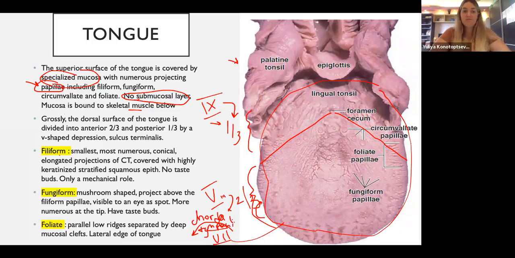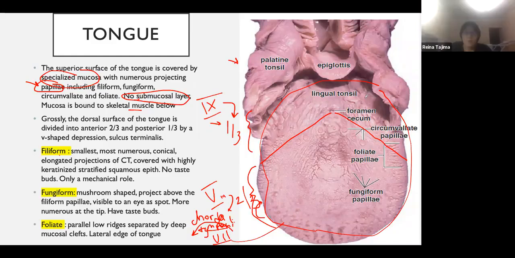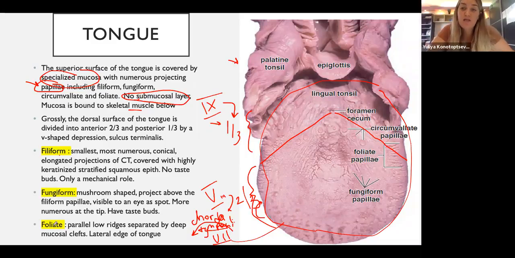So I repeat, how many types of papilla are on the tongue? 4. What are they called? They're called filiform, fungiform, foliate, and circumvallate papilla. These papilla are protrusions of specialized mucosa.